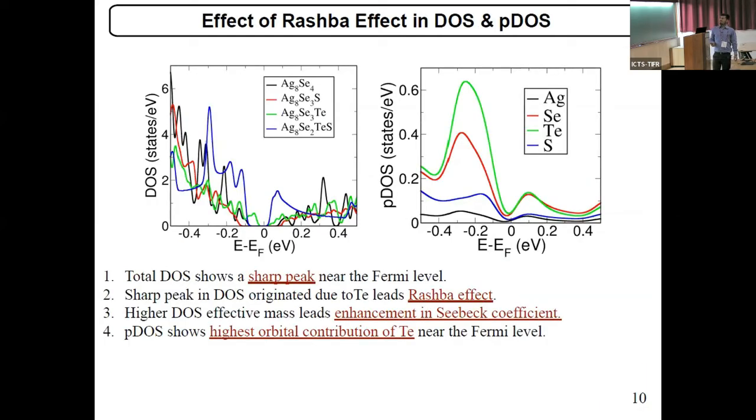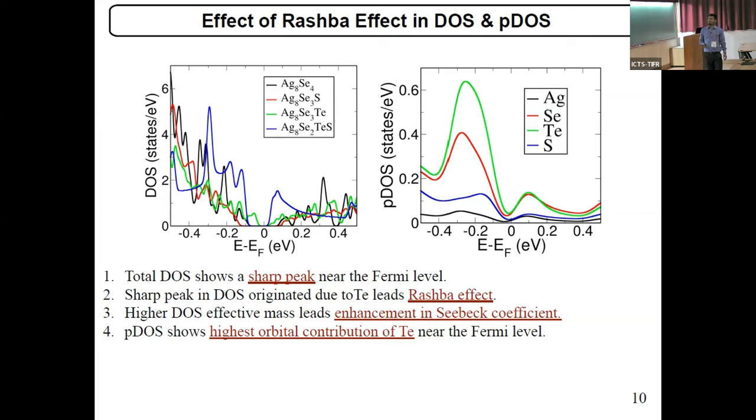Now the effect of Rashba effect in the density of states or projected density of states. So we see that in total density of states, there is a sharp peak for the co-doped system near the Fermi level in the N-type case. This sharp peak in the density of states originated mostly due to the tellurium, which leads to the Rashba effect in the system. This higher density of states effective mass leads to the enhancement in the Seebeck coefficient.